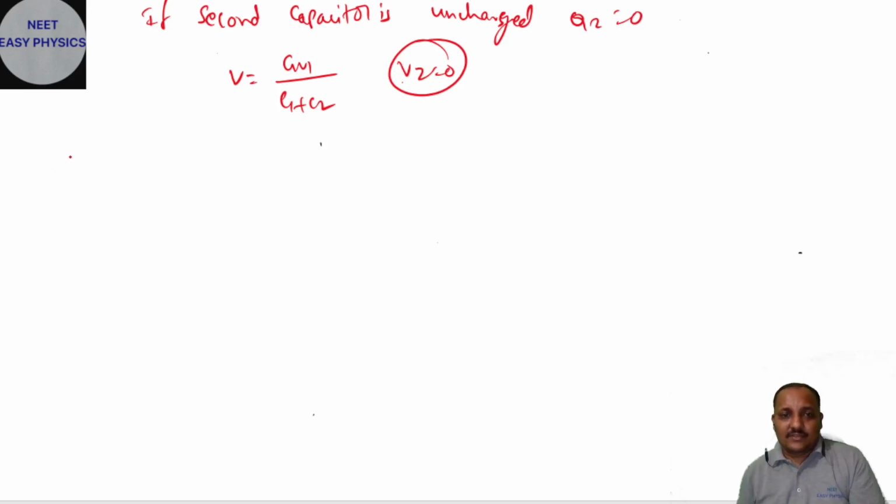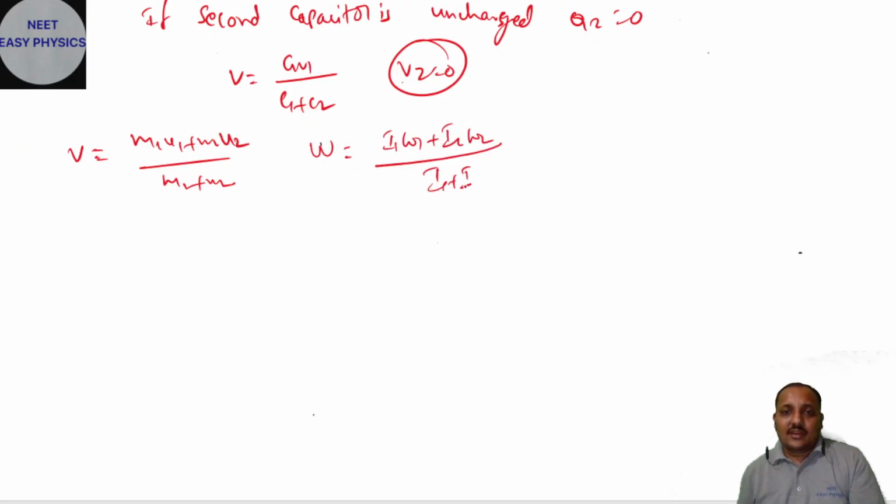So we'll compare with collision: common velocity, (m1 u1 plus m2 u2) by (m1 plus m2). Okay, common angular velocity in rotation dynamics, (I1 omega 1 plus I2 omega 2) by (I1 plus I2). Common potential means (C1 V1 plus C2 V2) by (C1 plus C2).